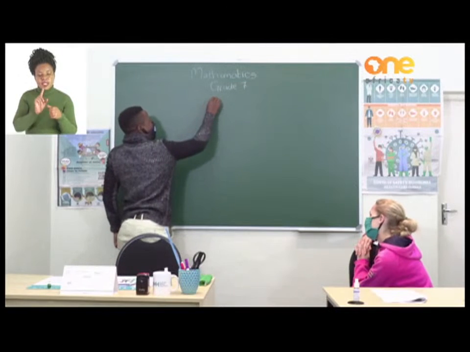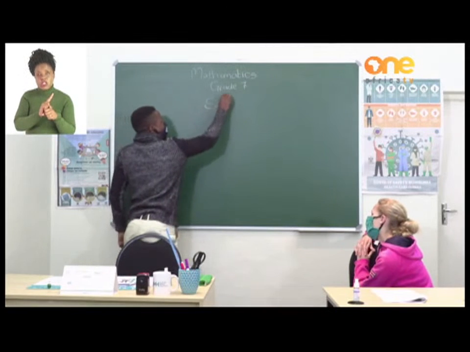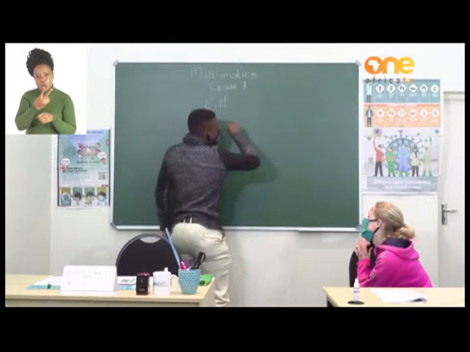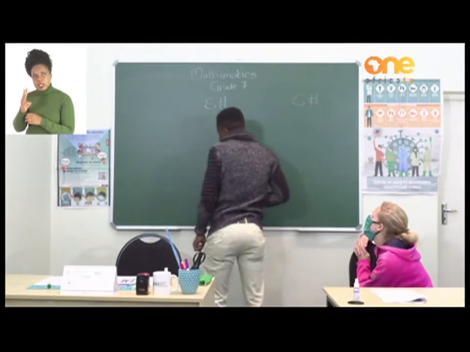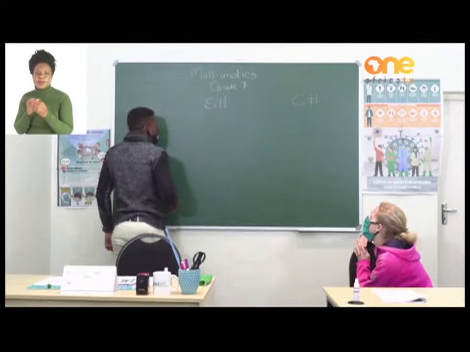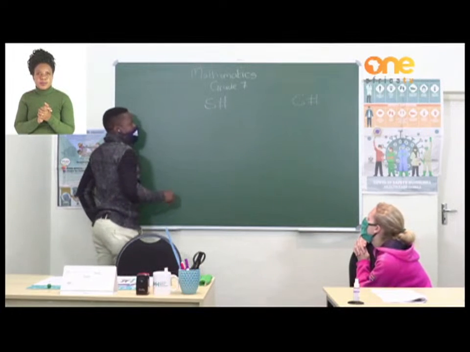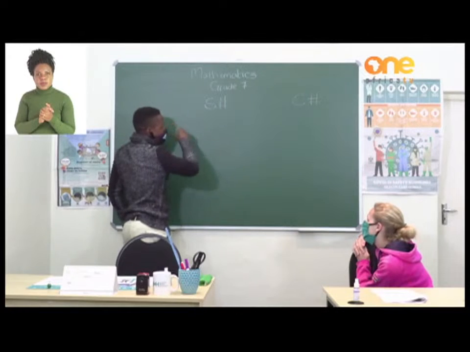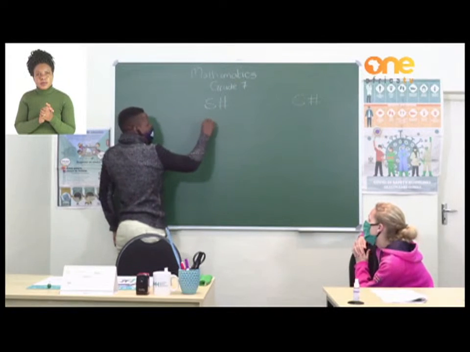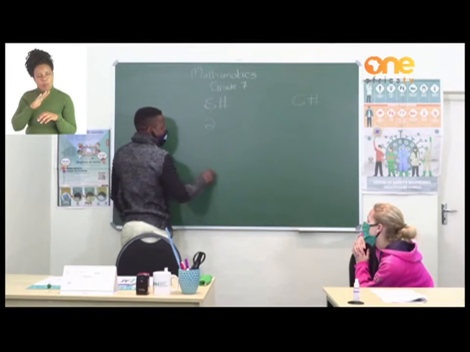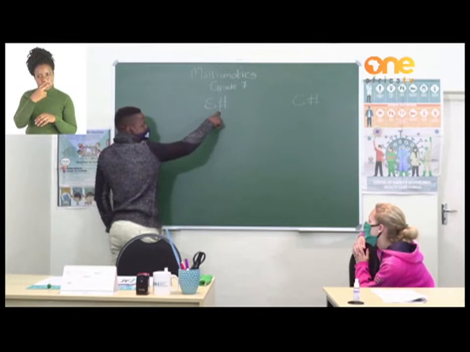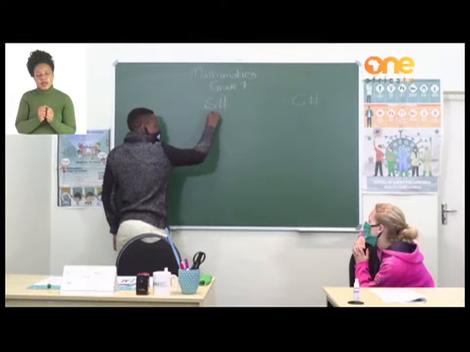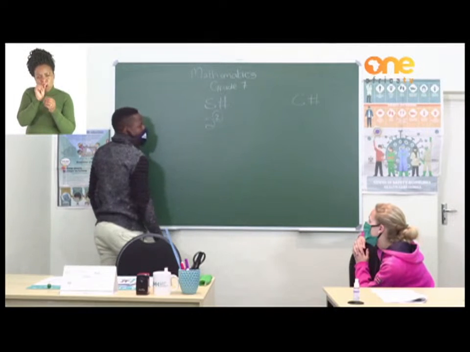So we have learned about the square numbers and the cube numbers. Some of the properties that we need to learn here: we can have, for example, 2 squared. Whenever a number is a square number, it has this little power, which is a 2.